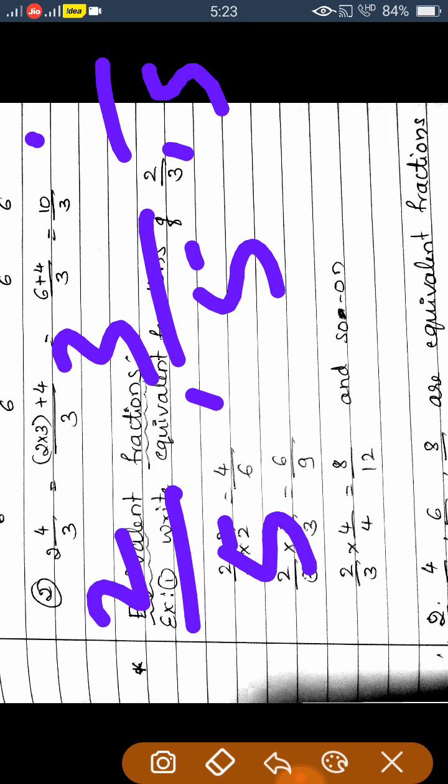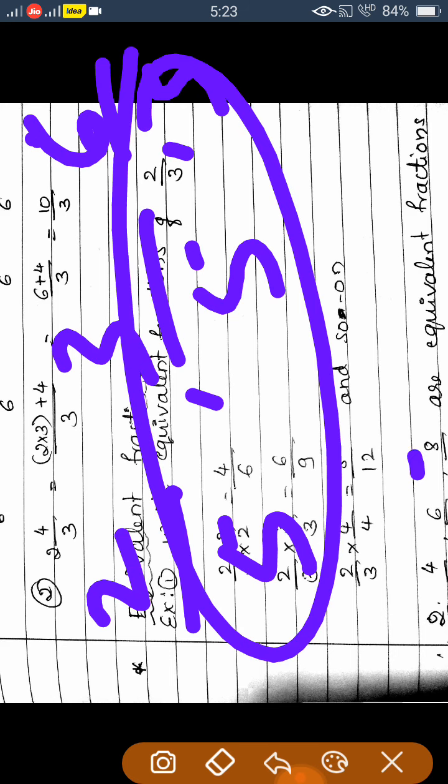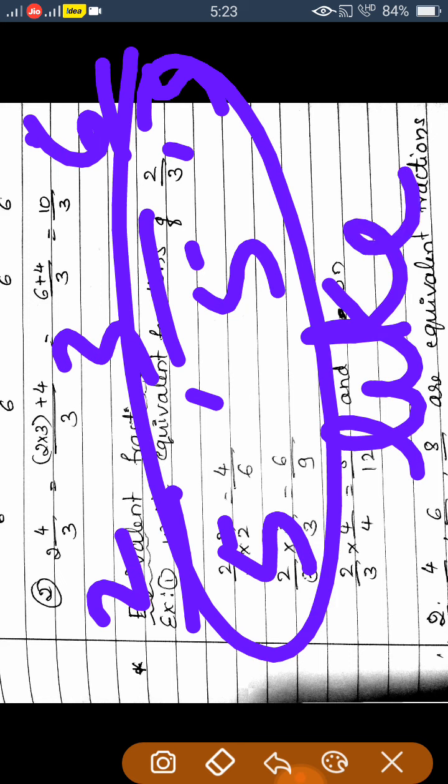If denominators are the same, it may be 2, 3, 6, any numerator, those are called like fractions. If denominators are different, those are unlike fractions. Like fractions mean the total number of parts should be the same.